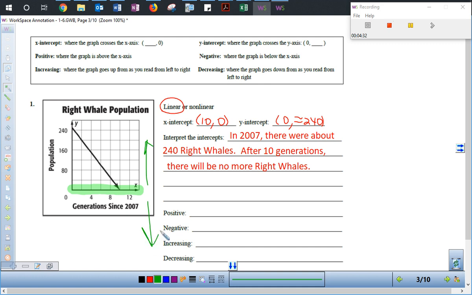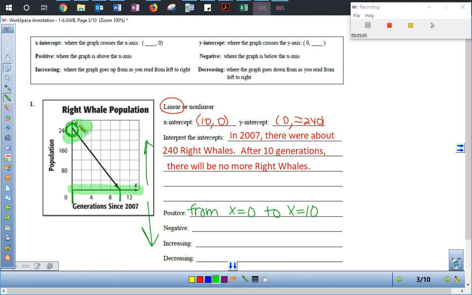So when I start looking at the graph, it starts above the x-axis, and as far as we can see, the whole time that we have the graph, it stays above the x-axis. So we talk about it in terms of x, so it starts here, from x equals 0 to, and it goes all the way to where it intersects, and that is x equals 10.